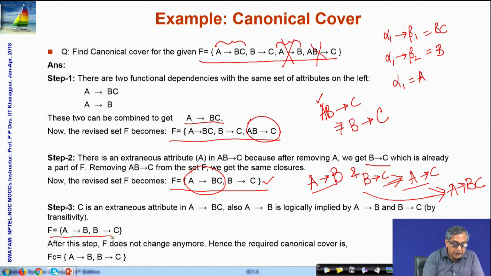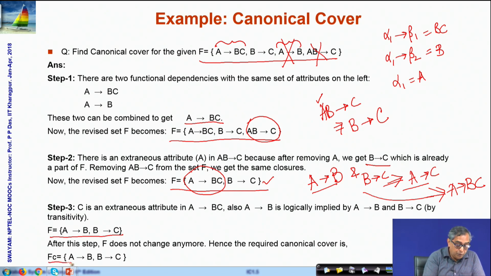So, after removing this, my simpler set of functional dependencies becomes A determines B and B determines C, and after this there is no change. Of course, both these functional dependencies have only one attribute each on the left and right hand side in this case. So, no extraneous attribute, nothing can be removed, nothing can change.